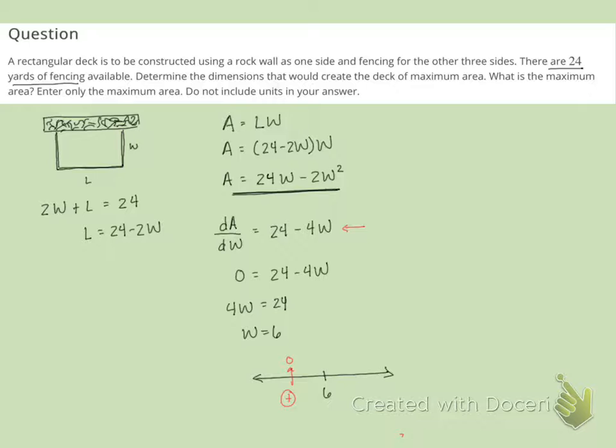If I pick a number bigger than 6, say 10, and again put it into this derivative function, I've got 24 minus 4 times 10. 24 minus 40 is going to give me a negative number. So the function is increasing until we get to 6, and then it's decreasing, which means that this 6 is our local max.